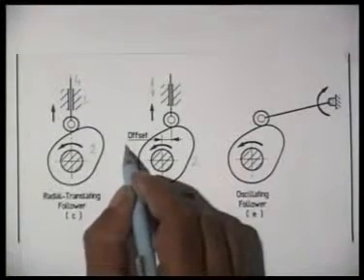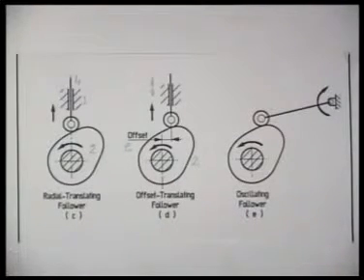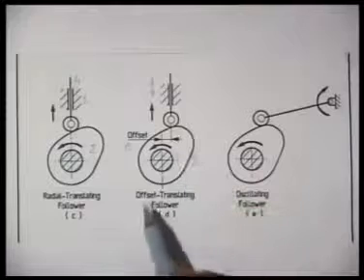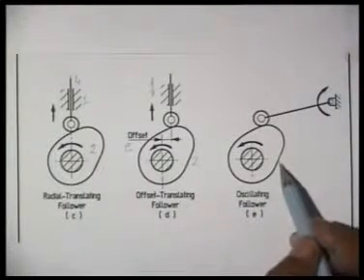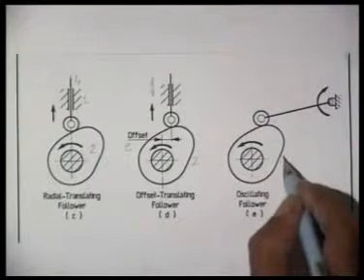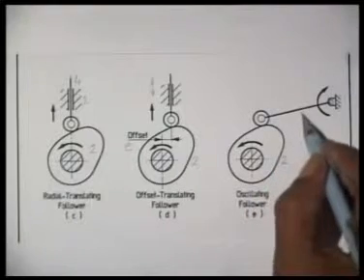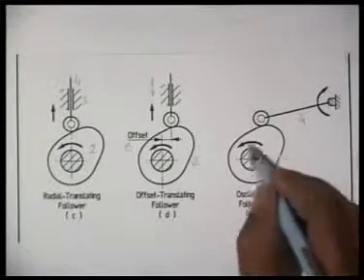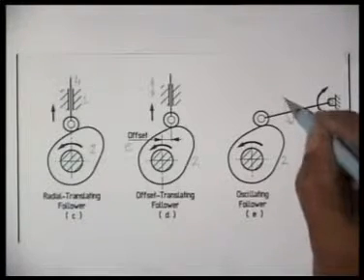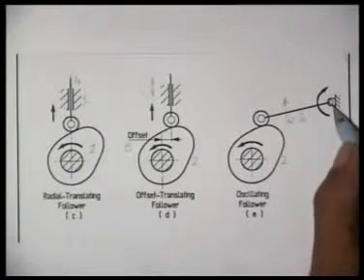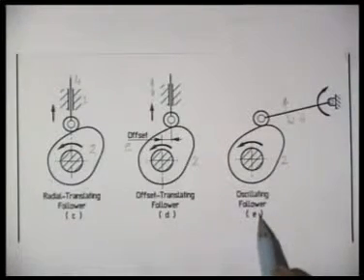This offset we will normally denote by the variable E, by the symbol E. So this is called offset translating follower. Whereas in this case, the cam rotates as before, but due to the shape of the cam, the follower undergoes an oscillatory motion and the follower is hinged at this point. So this is called oscillating follower.